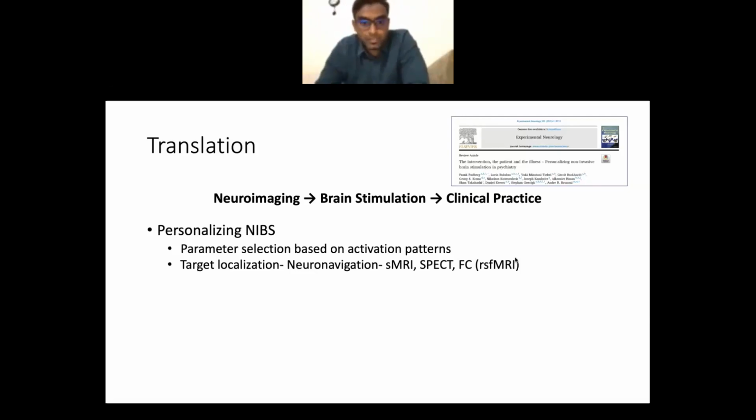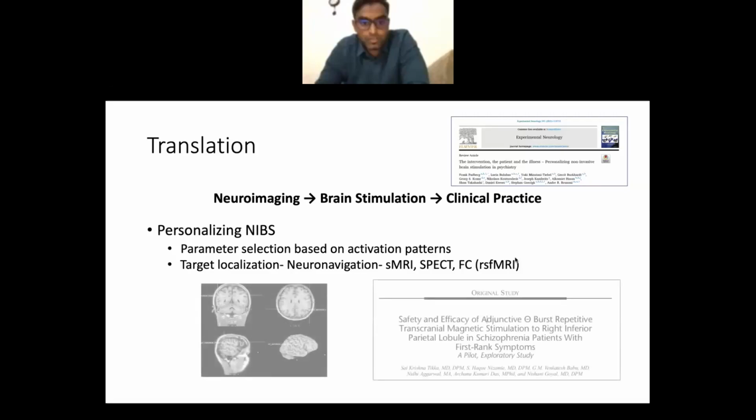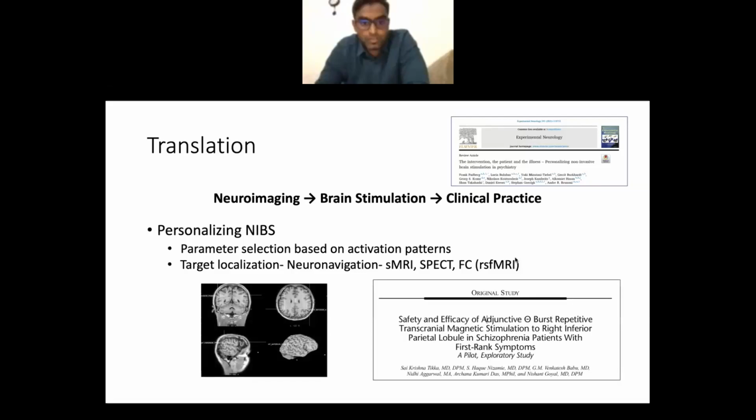Now with the FDA also approving certain neuronavigation techniques, I have worked in CIP, which has a very good neuronavigation center. In fact, it has an rTMS system which can be given inside the MRI suite. Initially we did some research where we used structural MRI as neuronavigation to select the target locations.